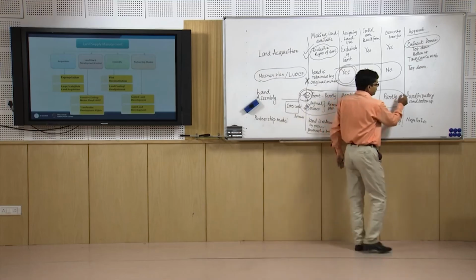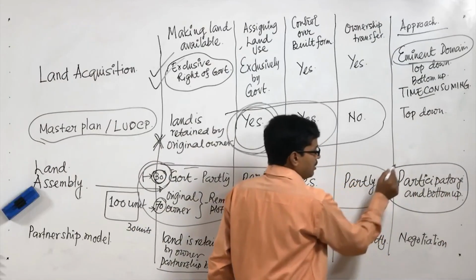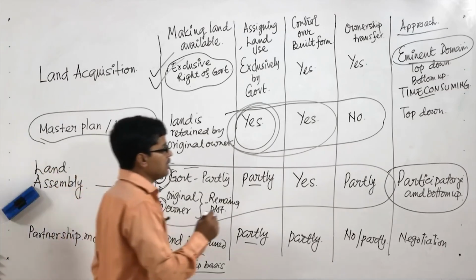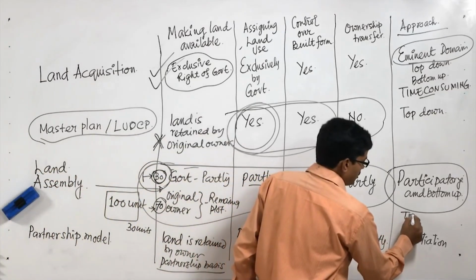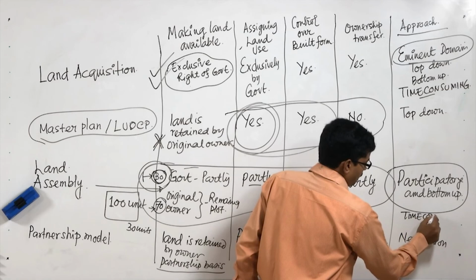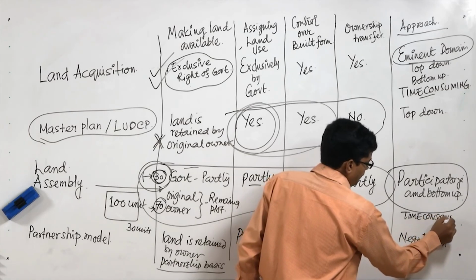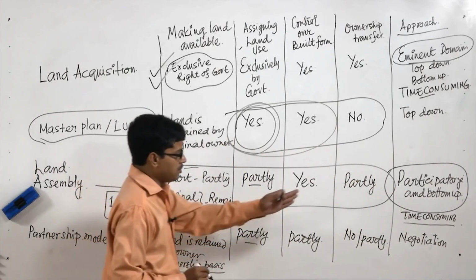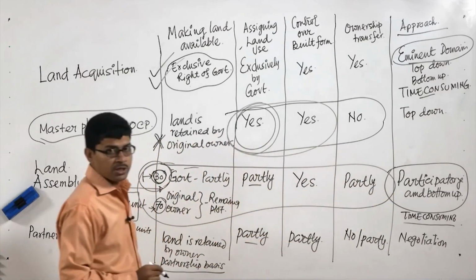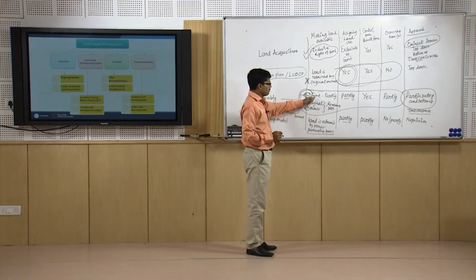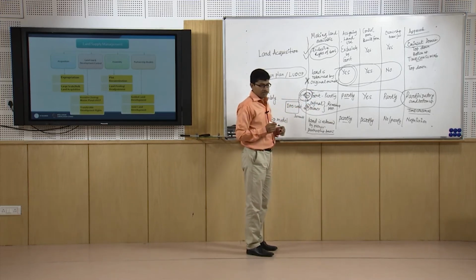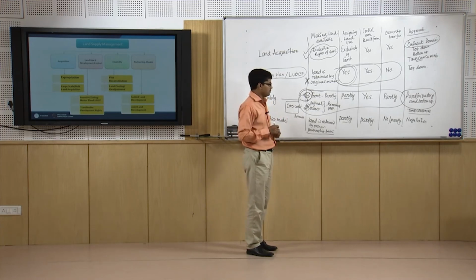At the same time the approach is participatory, and it is not a very stringent approach, though it is lengthy and very much a time consuming process. But since it is a participatory bottom up approach, it ensures effective land distribution between the government and private. That is why this plot reconstitution approach, which is termed as town planning scheme or land readjustment, is very famous and popular in some of the states.